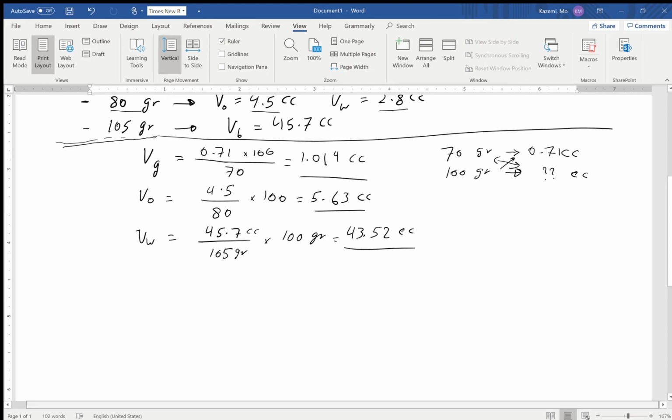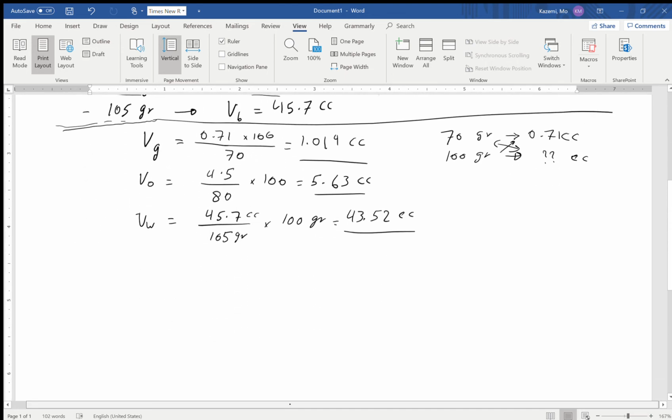Next thing we want to do is to calculate how much grain volume, or the matrix volume, we have. Then we can use it to calculate the pore volume and eventually to calculate the porosity, which is the first part in this problem, right? So we can also say that the total weight of the matrix, if we have a 100 gram sample, right? That's what the reference weight was, right?